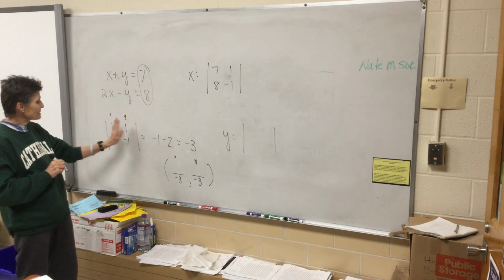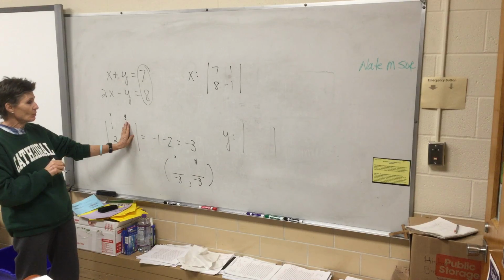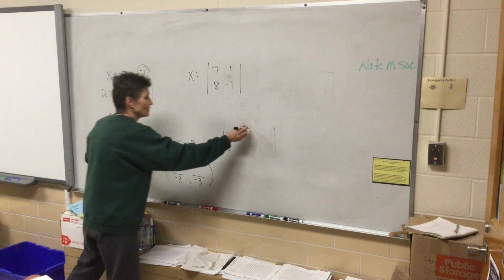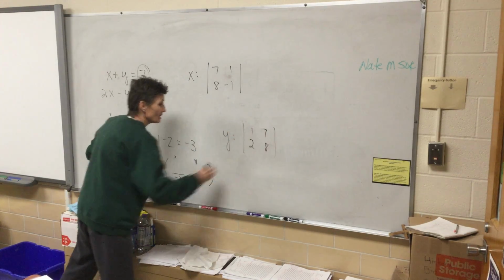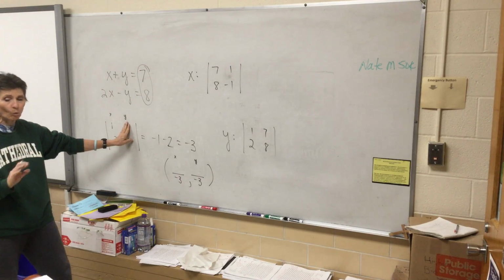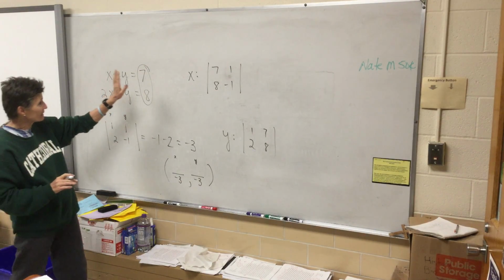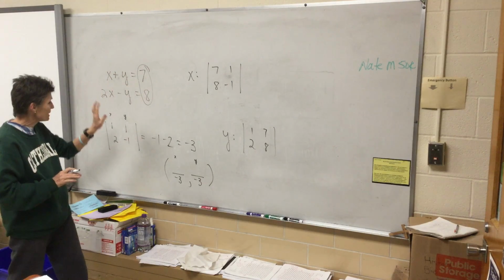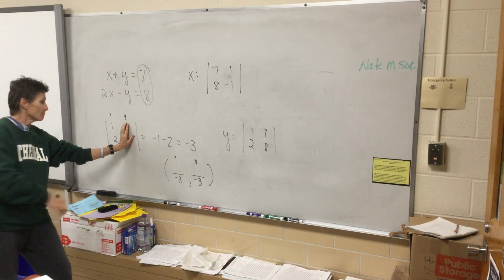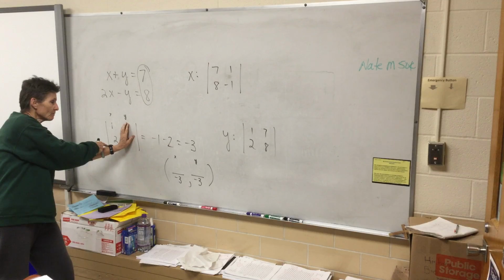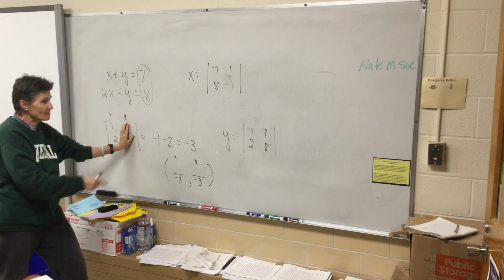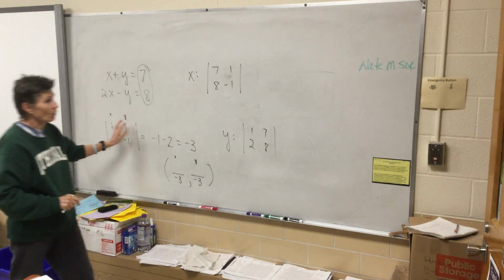And then for y, same thing, only the 7 and the 8 go here. So I have 1, 2, and 7 and 8. Notice I'm not switching any order. I'm physically cutting this out and pasting it. So I still have 1, 2 in the first column, and now 7, 8 in the second column when I'm doing my y.